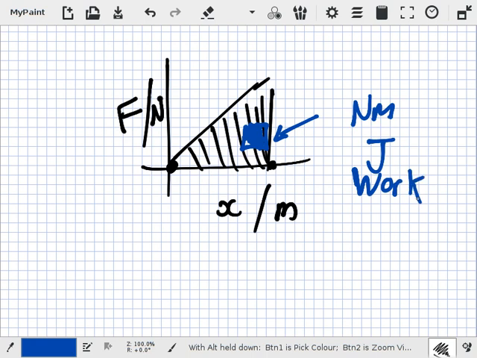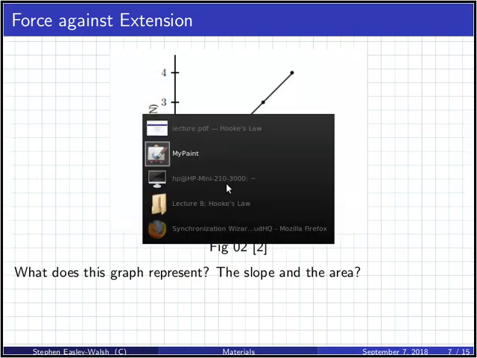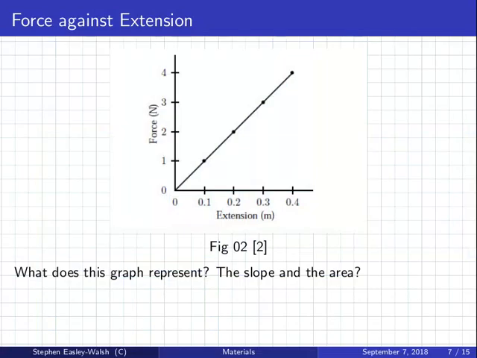So what do you think that means for the spring? What could that area represent? Potential energy, yeah. Or if we think about this story here, what does it represent? So in other words, the area represents how much work was done to stretch the spring out to its length that you have.